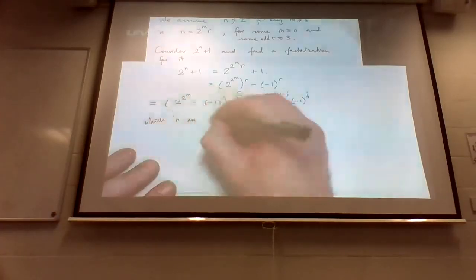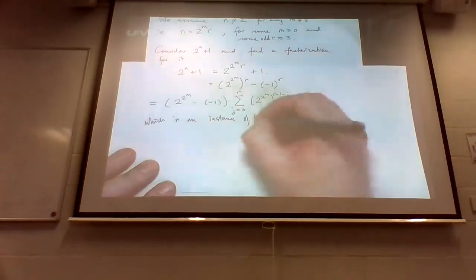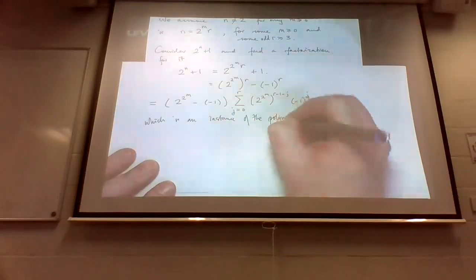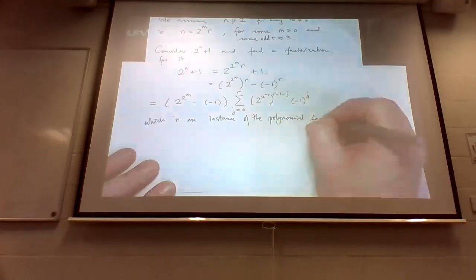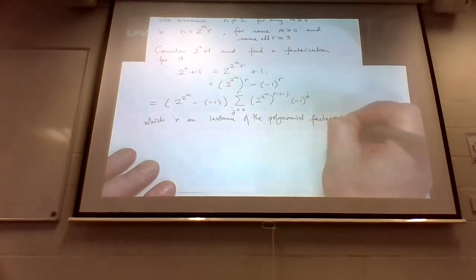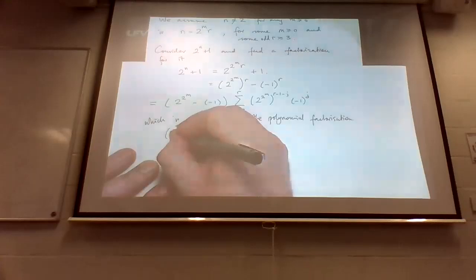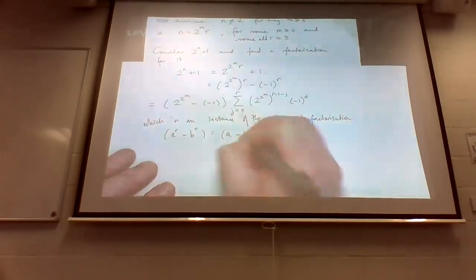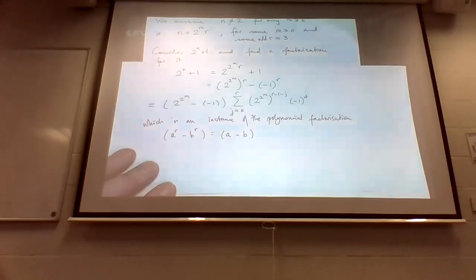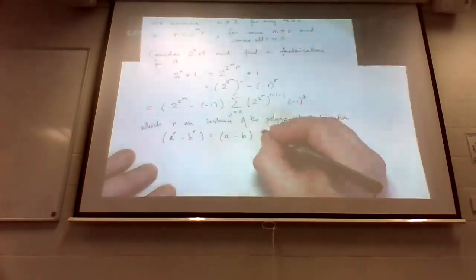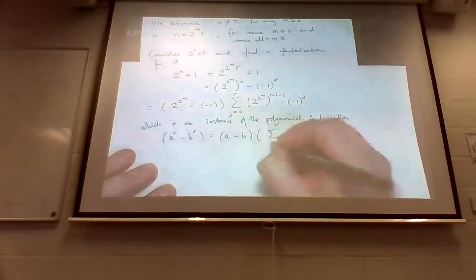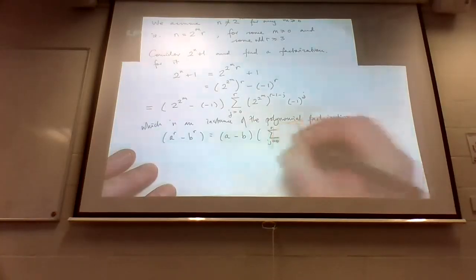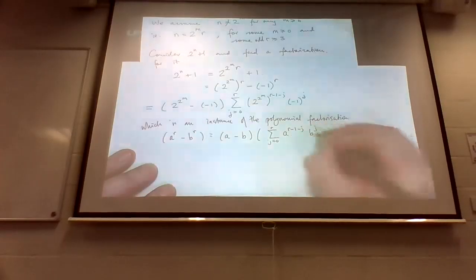which is an instance of the polynomial factorization which is, if you've got a to the r minus b to the r, it's always a minus b times the sum from j equals 0 to r, a to the r minus 1 minus j, b to the j.